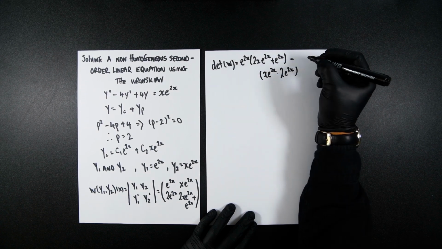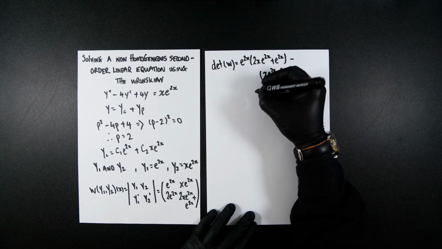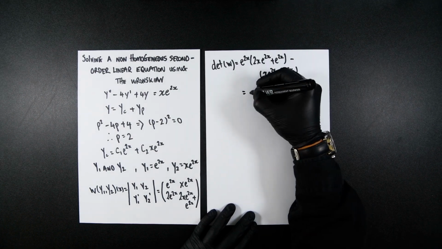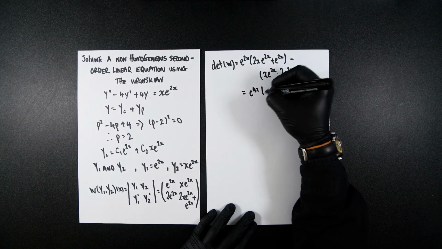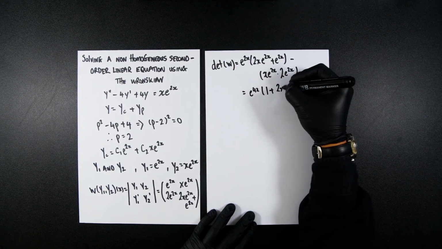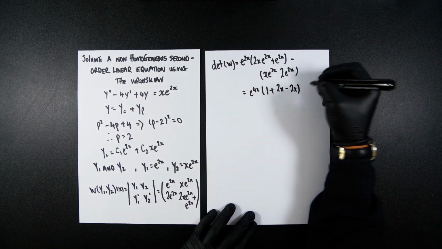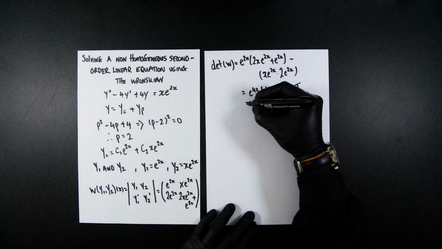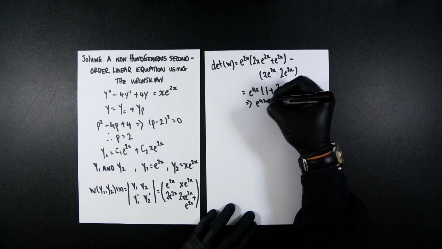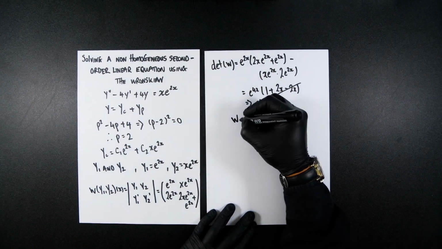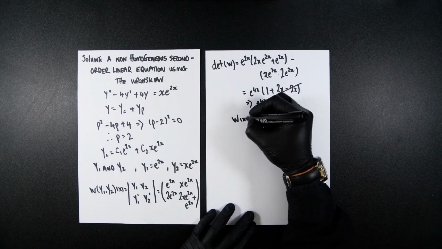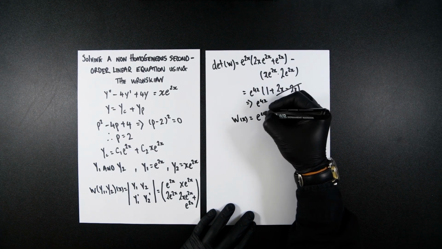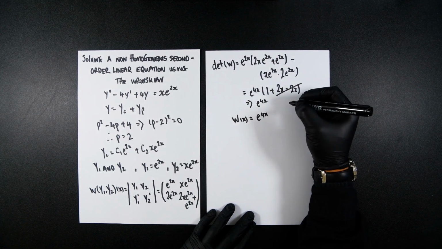So we've got that. We can now simplify. This is going to become e to the 4x times (1 plus 2x minus 2x). And then obviously we can simplify this fully, so we're going to get e to the 4x. So that means the Wronskian with respect to x is e to the 4x.